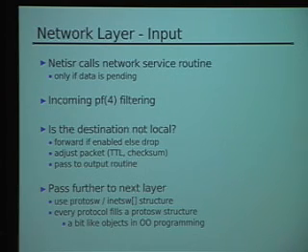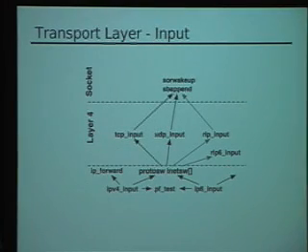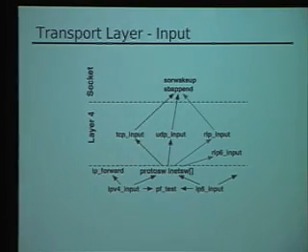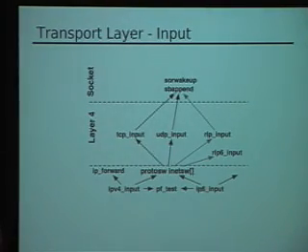You just have to fill out the proto-switch structure, and you add your new protocol to the network stack. So through the proto-switch structures, various input functions are called. These can be TCP input, UDP input, or RIP input.